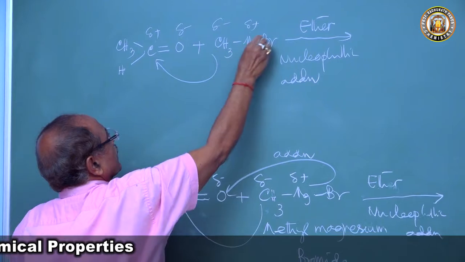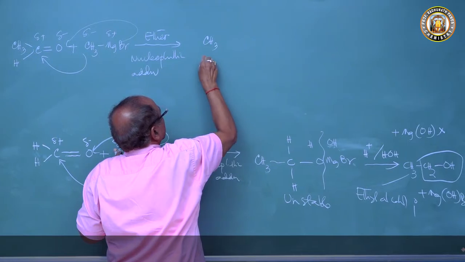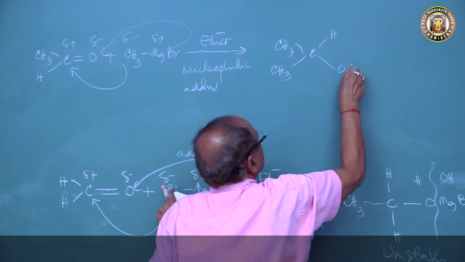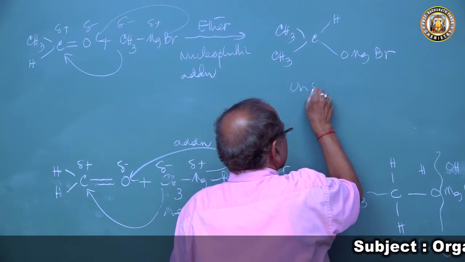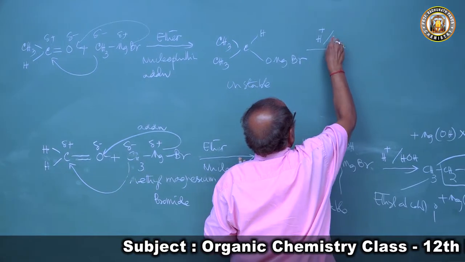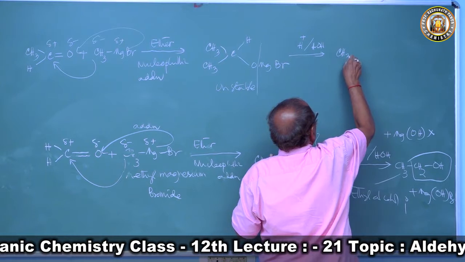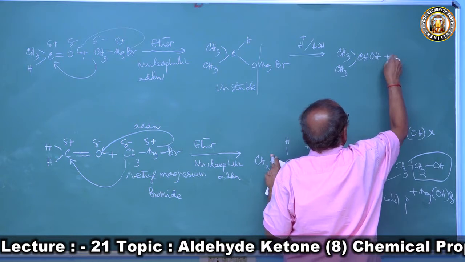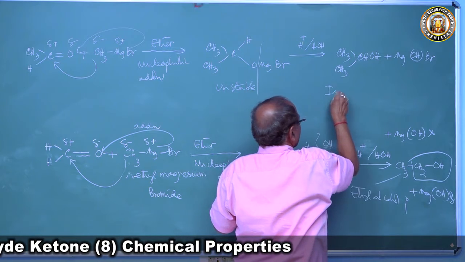So CH3 adds to carbon, MgBr to O. We get the addition product CH3CH(OMgBr)CH3. This is an unstable product, hence it is hydrolyzed with an acid and it breaks. So we get CH3CH(OH)CH3, isopropyl alcohol, plus Mg(OH)Br.